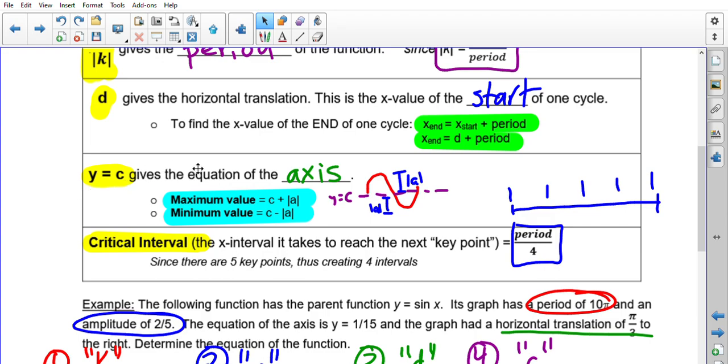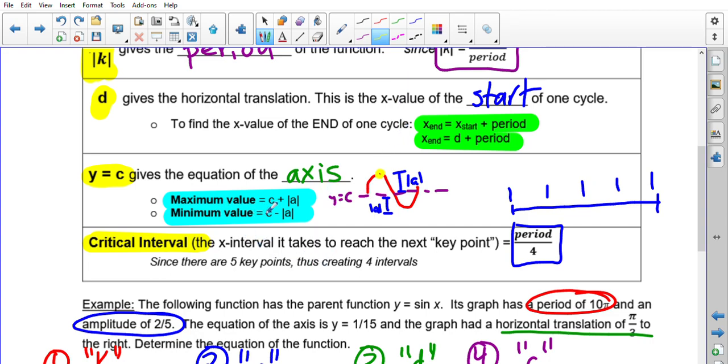y equals c gives us the equation of the axis. So right here, if that's my sine graph, for example, y equals c will be cutting it in half. What's good about knowing this and the amplitude is that I can find my max and min values. I know my max is going to be up here, so that's found by doing c plus the amplitude, and that'll give me this.